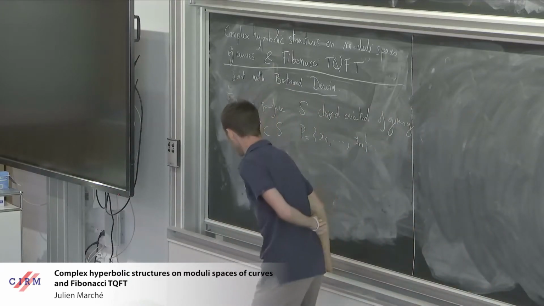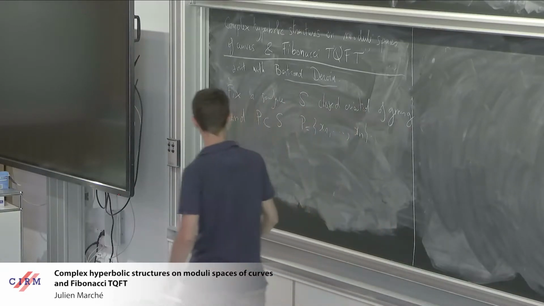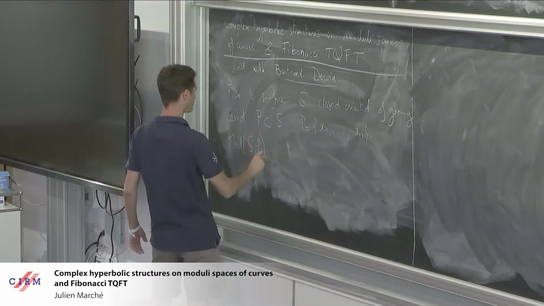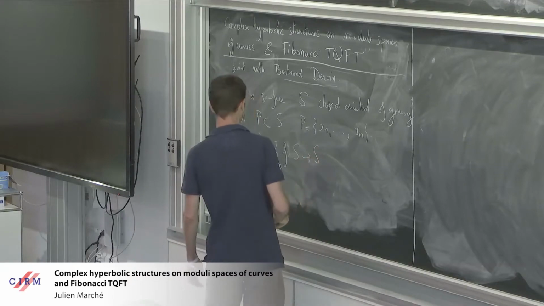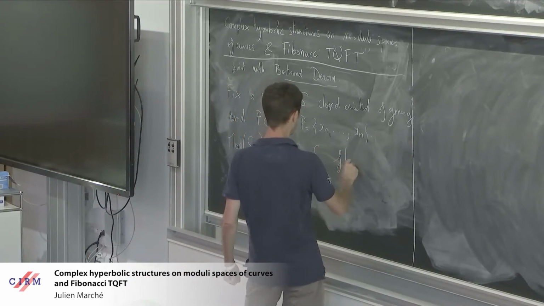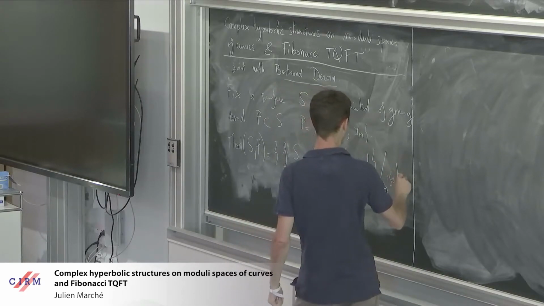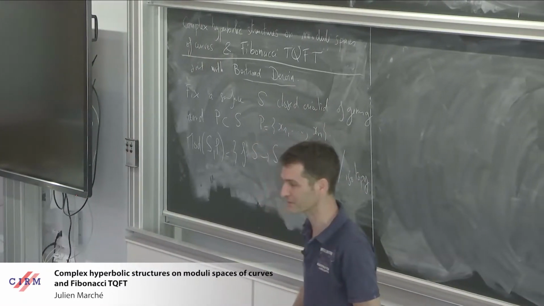I'm interested in representations of the mapping class group of this surface. Let me denote it by Mod(S, P). It's the set of diffeomorphisms f from S to S, such that f restricted to P is the identity, up to isotopy.